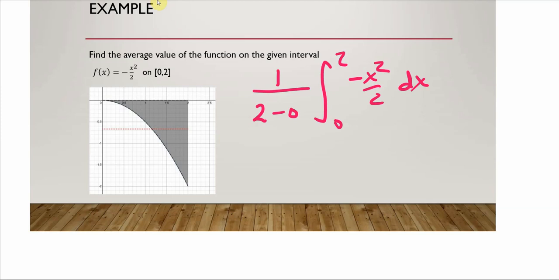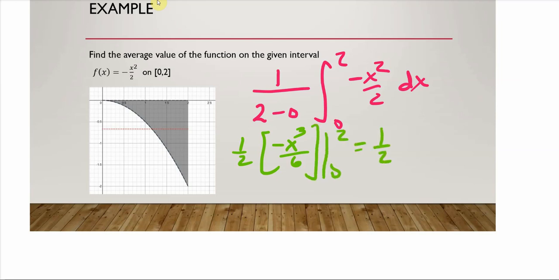So the antiderivative of this, so out here I'm going to get 1/2. The antiderivative of x squared is going to be x cubed over 3, but there's a 2 down at the bottom, so it's going to be 6, from 0 to 2. So I'm going to have 1/2. I plug in the 2, so I'm going to get negative 8 over 6 minus negative 0 over 6.